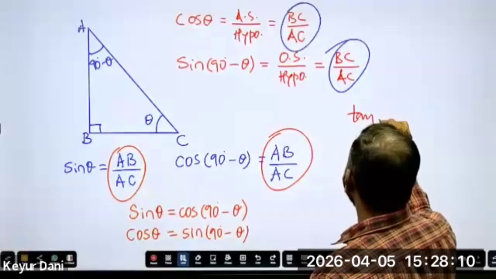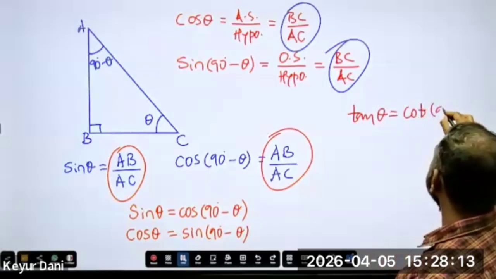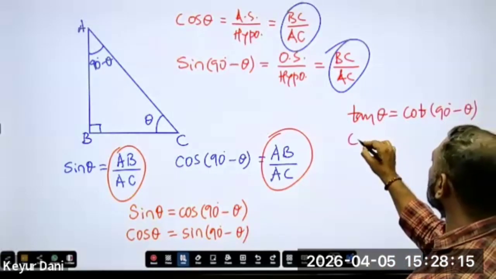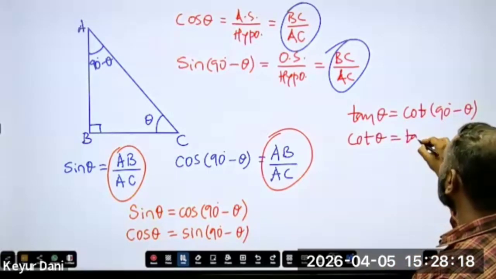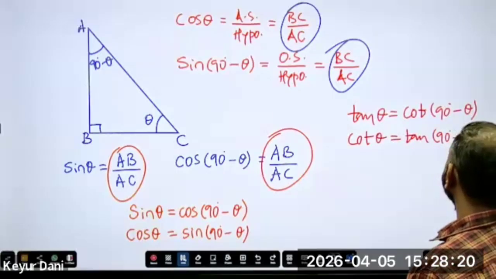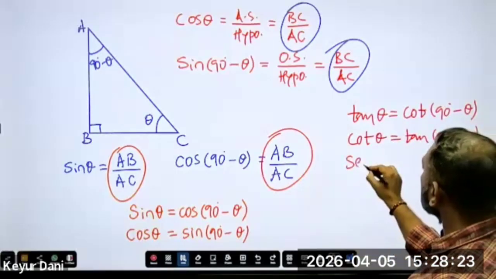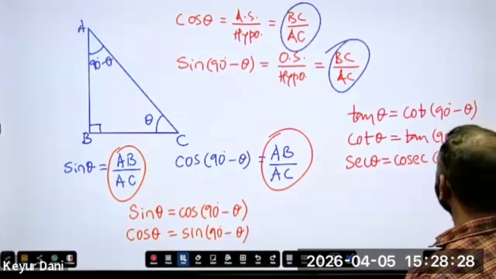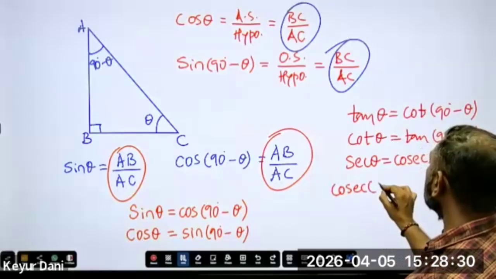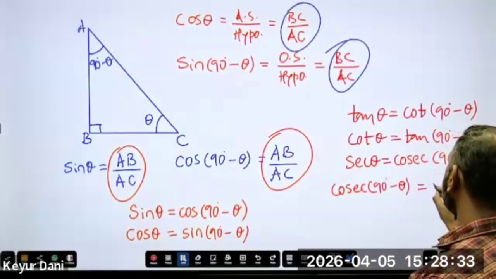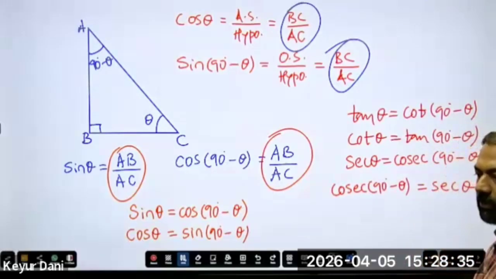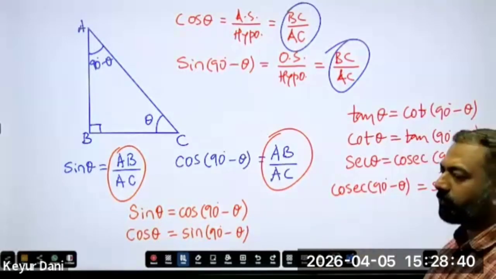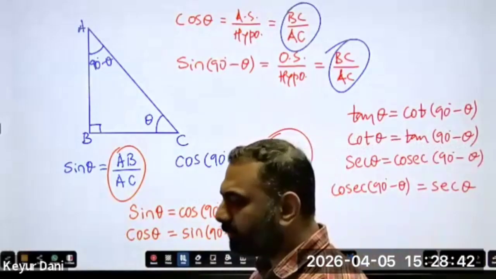Similarly, we can prove that tan theta is cot of 90 minus theta, cot theta is tan of 90 minus theta, sec theta is cosec of 90 minus theta, and cosec of 90 minus theta is equal to sec theta. These are the six formulas that you have to understand. If you want, I can prove randomly. Just pick any one and I can prove it again.